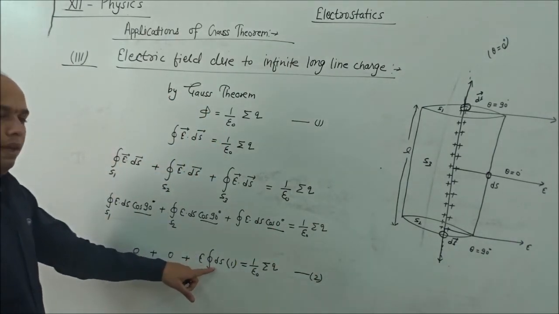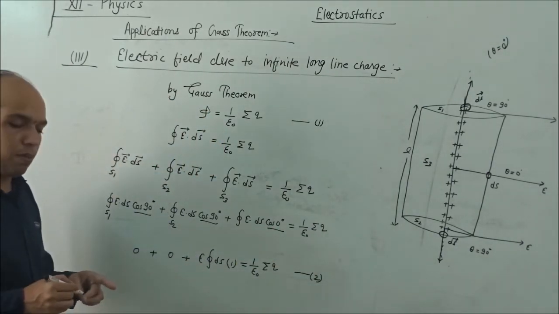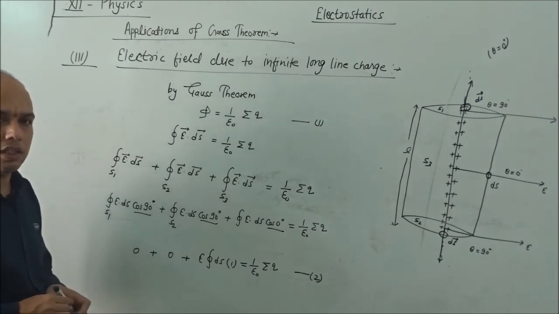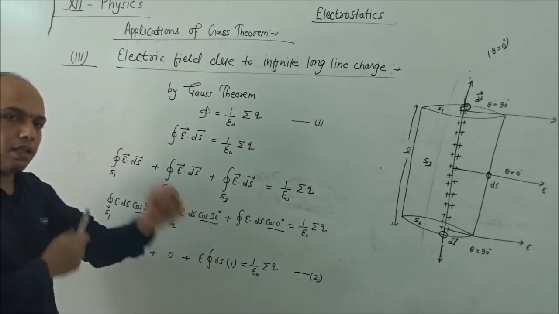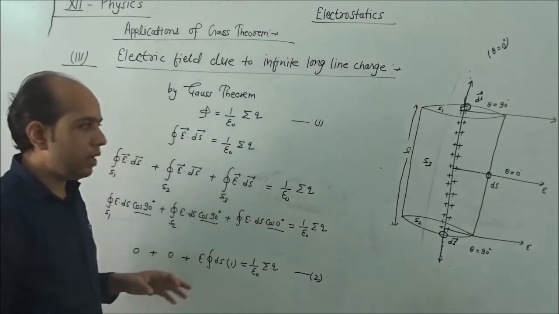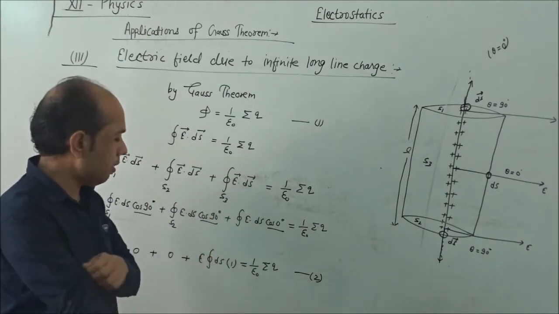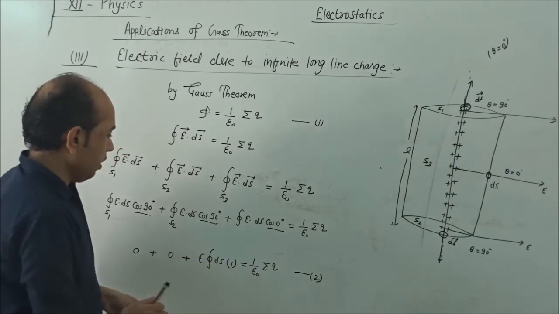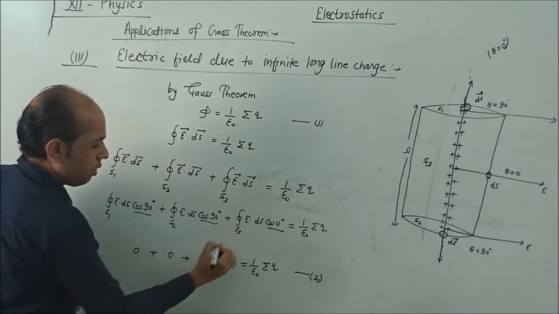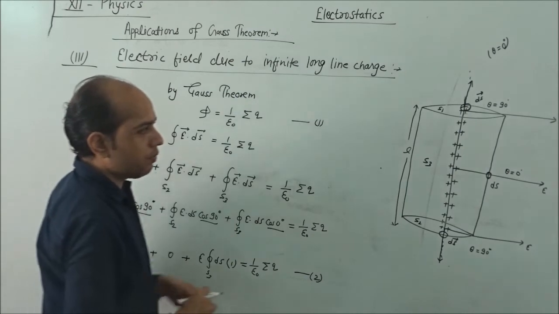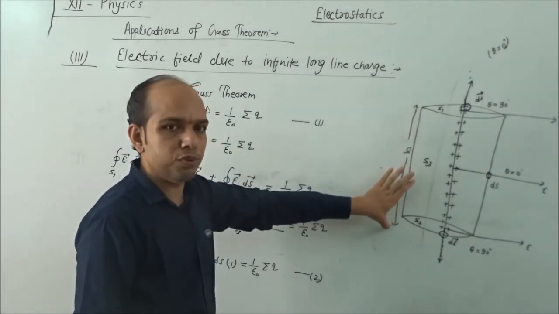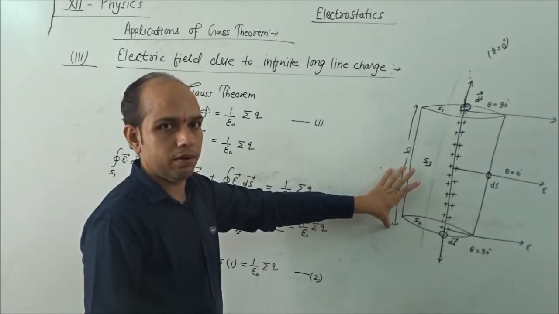Now area. Previously when we talked about a conducting or non-conducting charged sphere, ds area was replaced by 4 pi r square, because a sphere has area 4 pi r square. Similarly here, the S3 part, that is the S3 surface, is the curved surface portion of the cylinder.